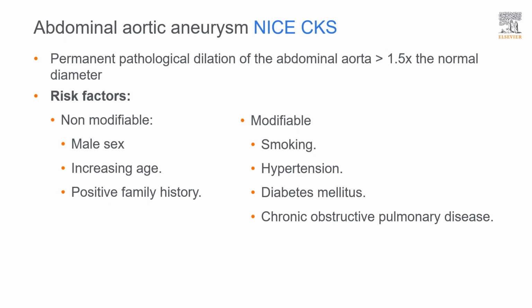Risk factors for aortic aneurysms can be classified as non-modifiable and modifiable. Some non-modifiable risk factors include male sex, increasing age, and a positive family history. And modifiable risk factors: smoking, hypertension, diabetes, and chronic obstructive pulmonary disease.